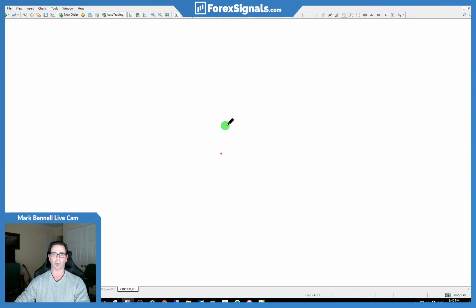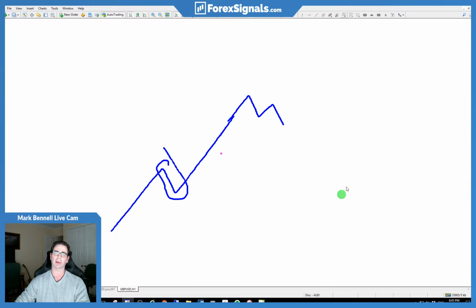Just the classic pullback. So when price trends, it makes pullbacks. So here's our single leg pullback. We also get a multi-leg pullback. So there's other types as well, which will get more of a complex pullback like this. So this is a multi-leg pullback.